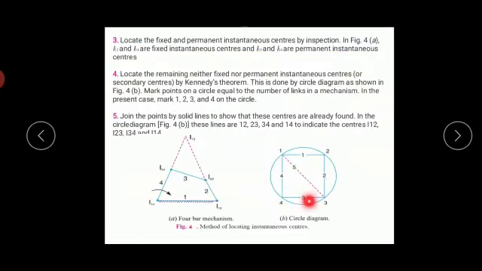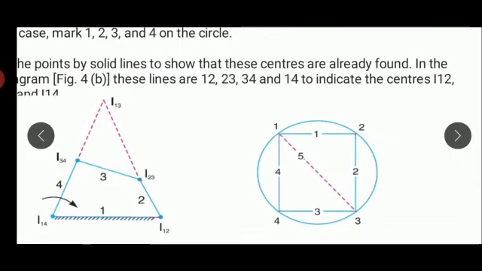In order to locate these 2 remaining instantaneous centers, we draw a circle, and since we are having 4 links, we will name these 4 links: link 1, link 2, link 3 and link 4. Once we have named them, let us join these links by dark lines, that is, link 1 to 2, link 2 to 3, link 3 to 4 and link 4 to 1.